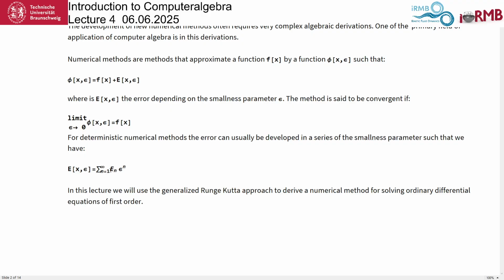So we have a sum over constants e_n times epsilon to the power of n. The important thing here is that these e_n are constants; they are not allowed to depend on epsilon. All the dependence on epsilon is within this series expansion, within this epsilon to the power of n.